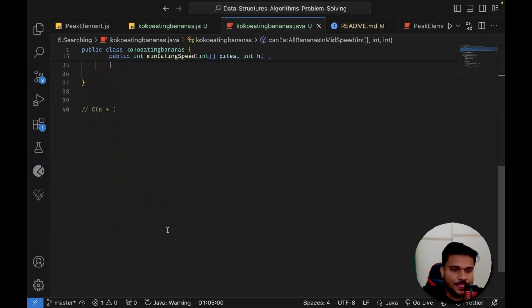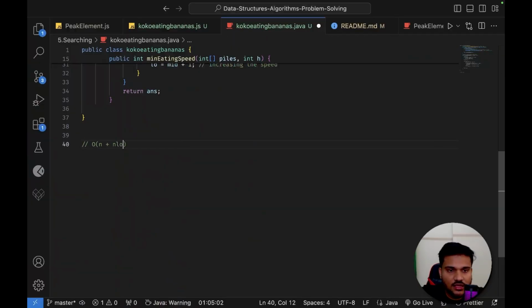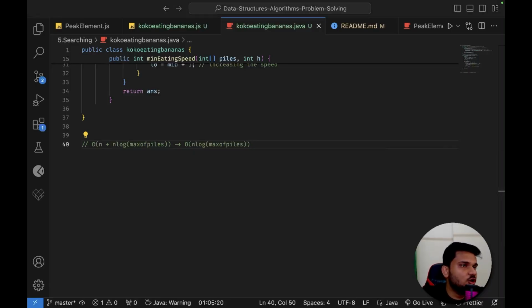So we write n plus n log of max of piles, which is equivalent to order of n log of max of piles. That will be the time complexity of the corresponding solution.